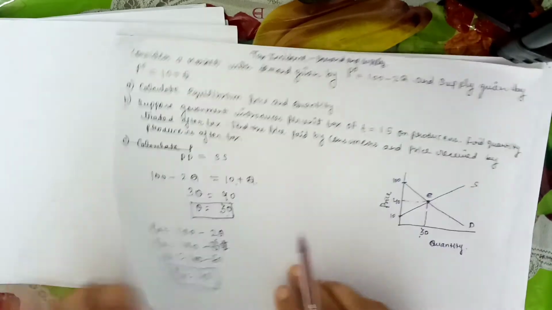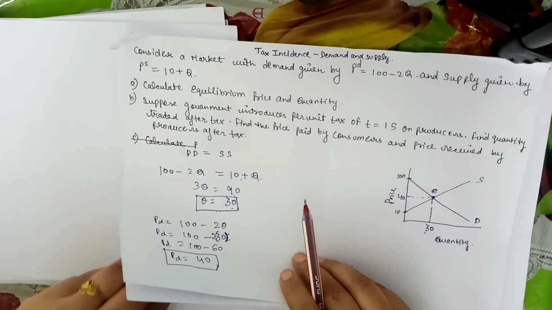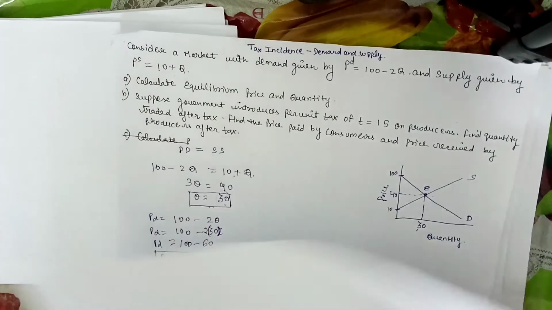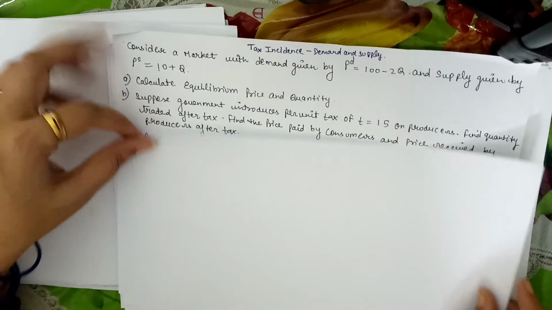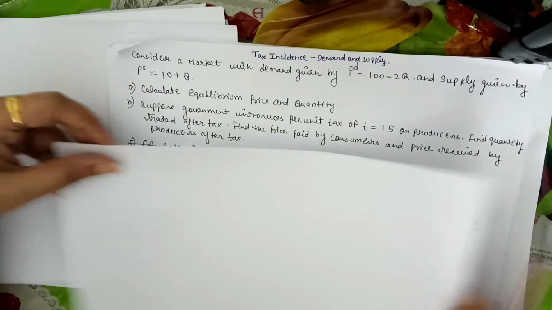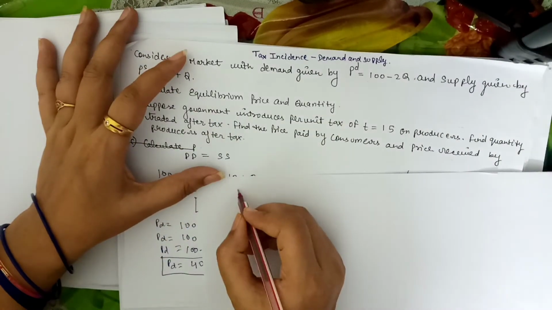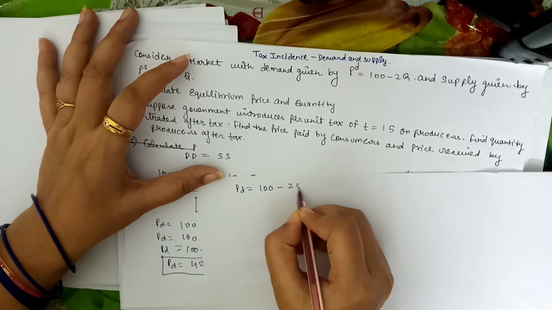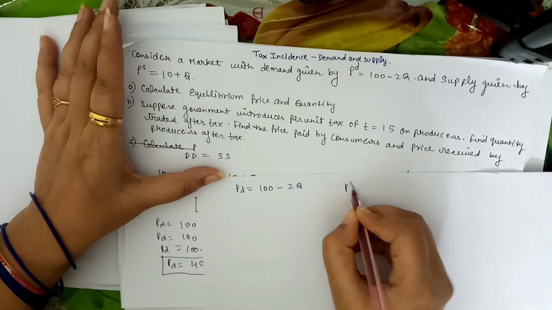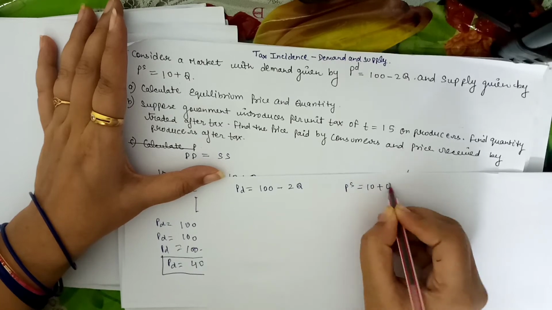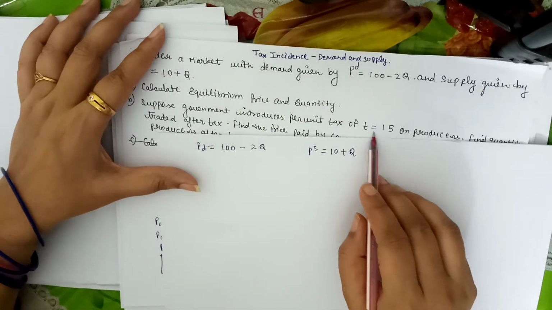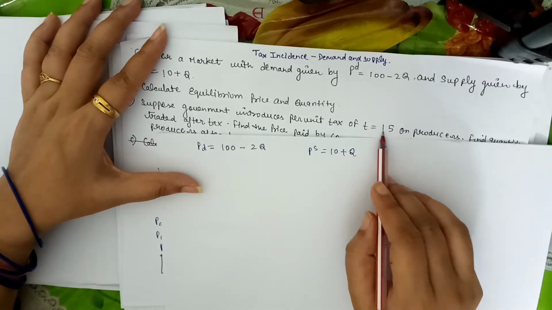So now what we will do for this, I am again writing the equations. Now I know that the tax introduced by government is 15.